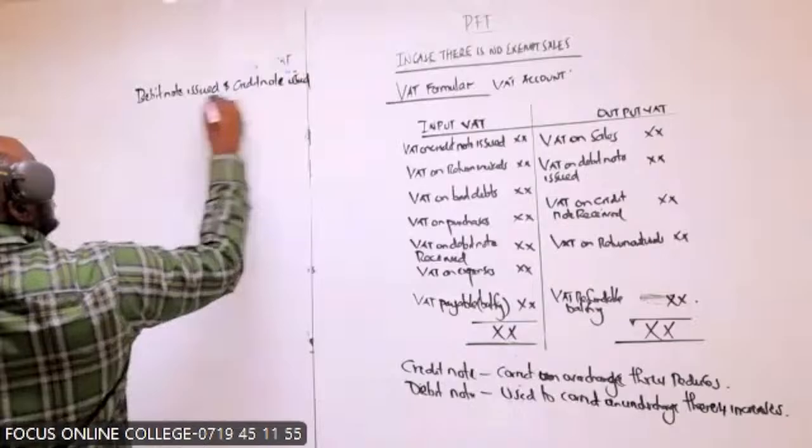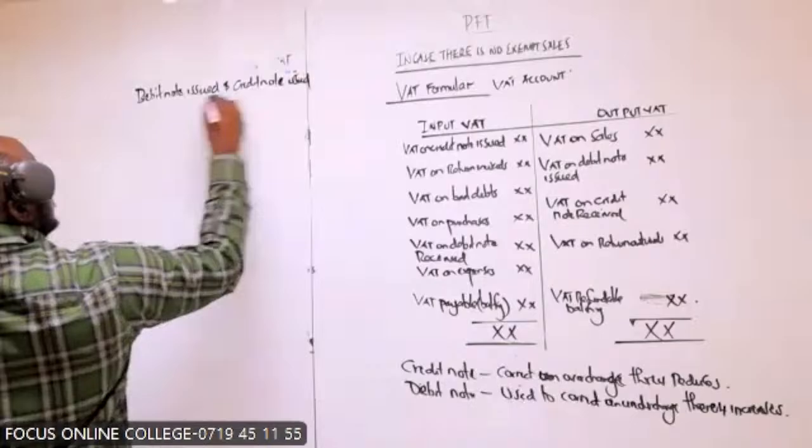Then we have debit note received and credit note received. This affects input. This means purchases, and this means sales. So that means sales, and that means purchases.